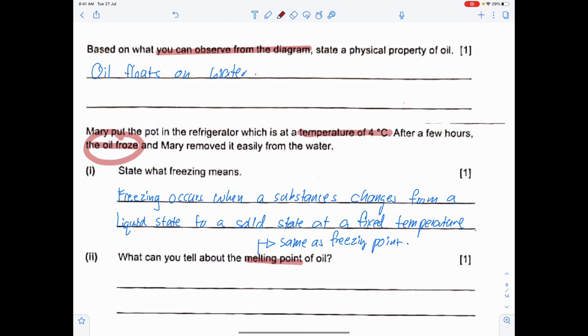Sorry, let me just change this. This reduce the rate of heat loss by the surrounding water vapor to Alice's specs, which resulted in less condensation to water droplets.